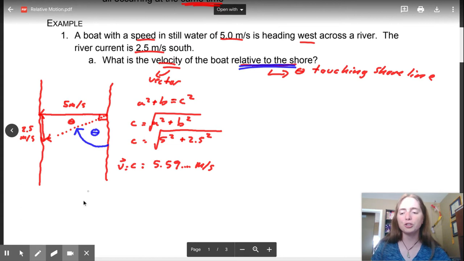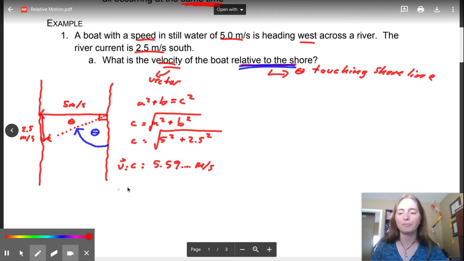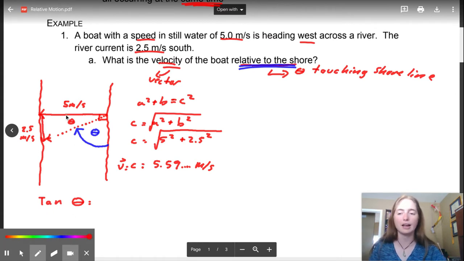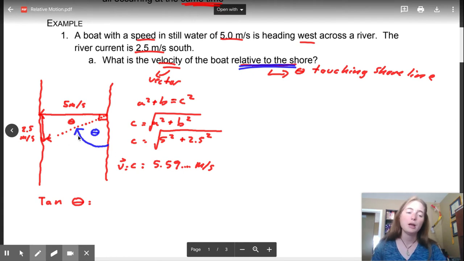So I'm going to first calculate my red theta. So the tan of my red theta, because I have opposite and adjacent. Remember, I do have hypotenuse, but don't use the hypotenuse because it's had math done on it already. Okay, we don't want to have a multiplication of errors. So the tan theta is going to be our 2.5 over 5.